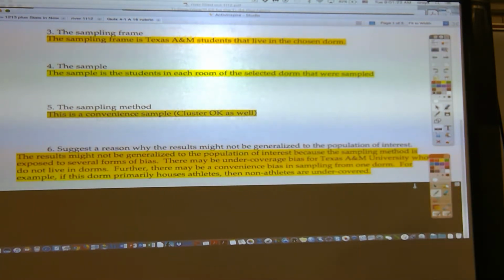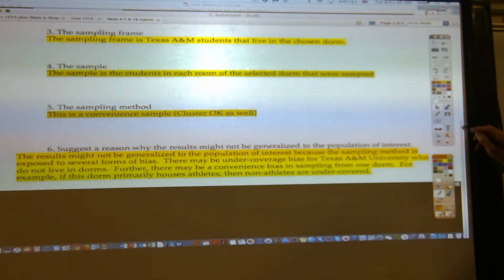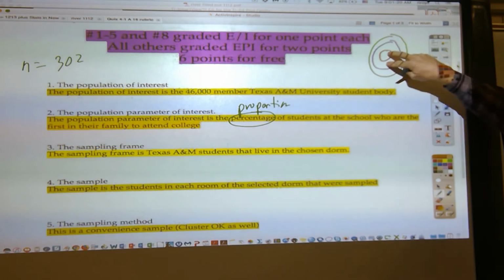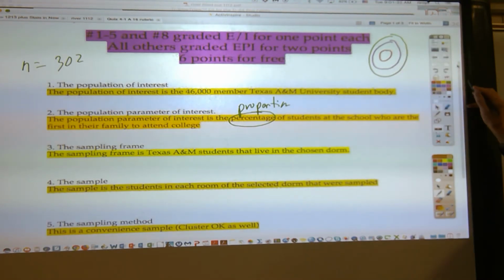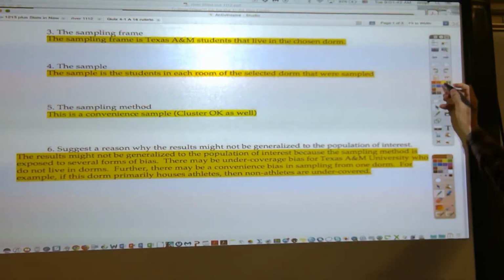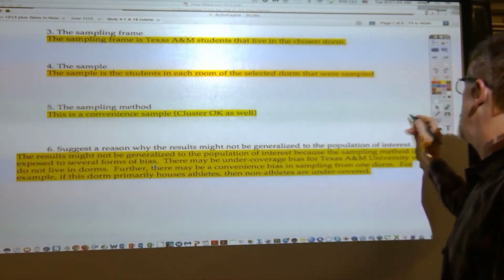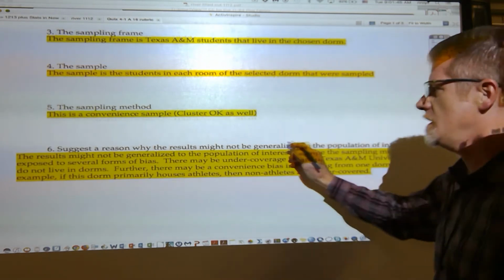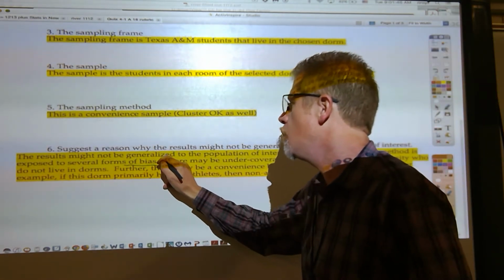Oh, by the way, suggest a reason why the results might not be generalized to the population of interest. Or in other words, why might this sample not be representative of the population? Here's one way to answer it. The results might not be generalized to the population because the sampling method is exposed to several forms of bias. And all you have to do is note one of the reasons.